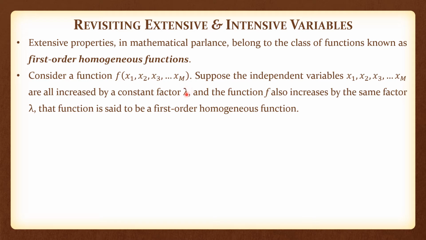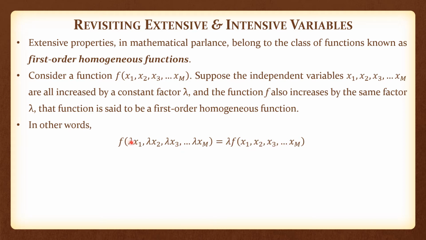So this is exactly what we are talking about. I've just given a general constant factor lambda, and I say the independent variables are in general x1, x2, x3, and so on up to xn. In other words, if I were to express this mathematically, f of lambda x1, lambda x2, lambda x3, all the way up to lambda xn, these are the independent variables, should be lambda times f of x1, x2, x3, all the way up to xn.